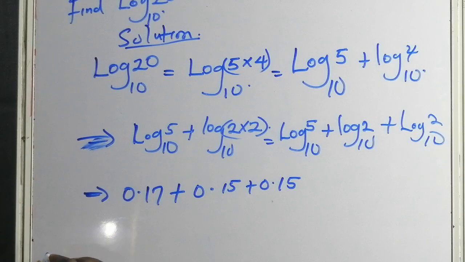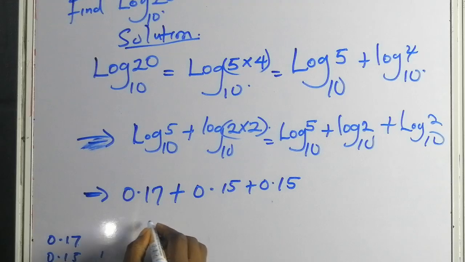Then if you add all this together, this is very simple: 0.17, 0.15, 0.15. If you add them together, 7 plus 5 plus 5 is 17, carry 1. Then 1, 1, 1 plus the one you carry, that's 4.